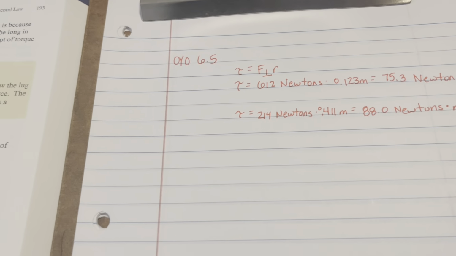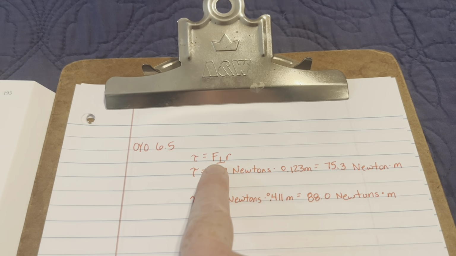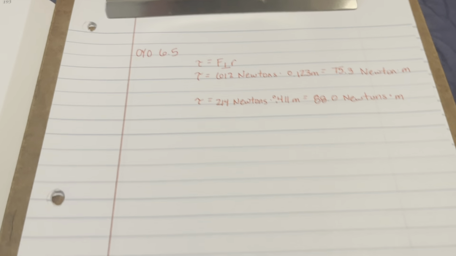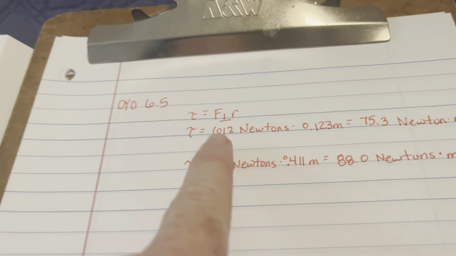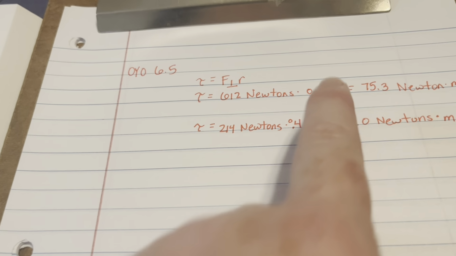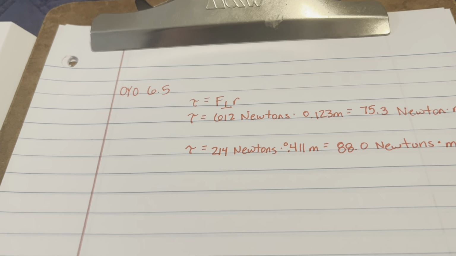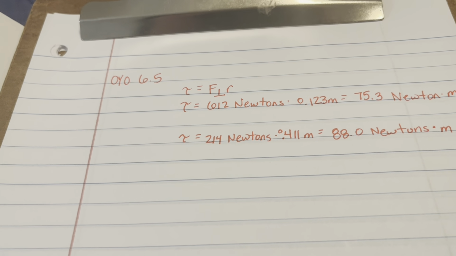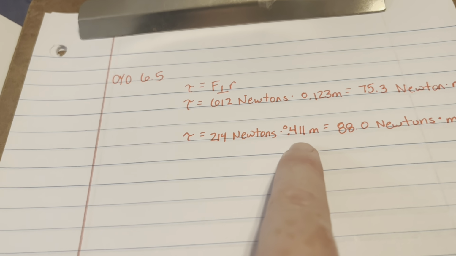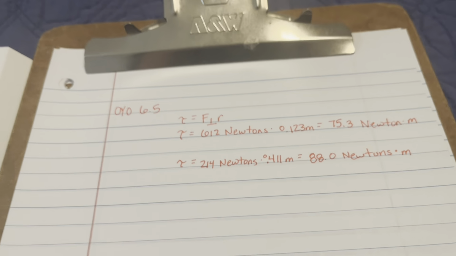Okay, and then I worked it out right here. So the formula is going to be torque is equal to the perpendicular force times the distance, the radius, right? So for the father, it's going to be 612 newtons times, remember you have to convert this from centimeters, 0.123 meters, and I get 75.3 newton meters. But for the daughter, I have 214 newtons times 0.411 meters, and I get 88 newton meters.